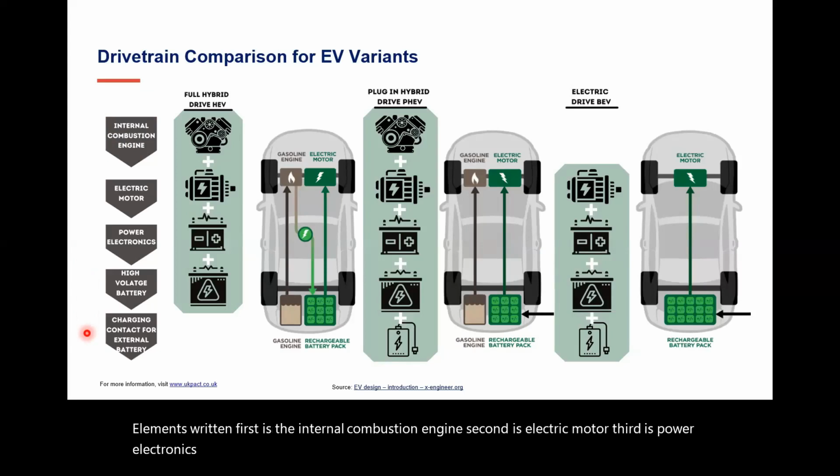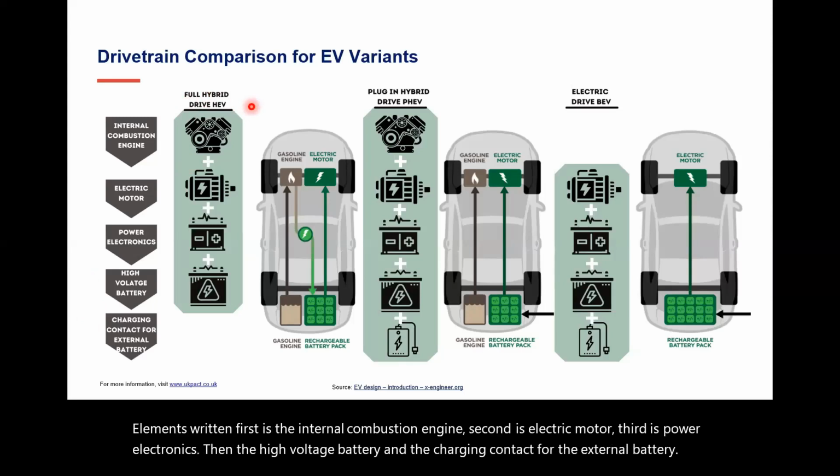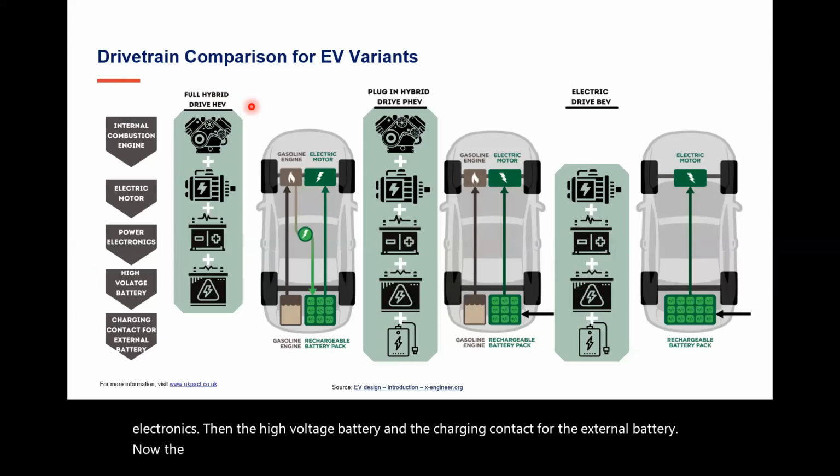Now, the first diagram is of fully hybrid HEV. HEV stands for hybrid electric vehicle. So hybrid means basically there is no single source which drives the vehicular shaft. There are more than one source. Typically, a combination of internal combustion engine and maybe a fuel cell, or internal combustion engine and a battery pack, something like that.